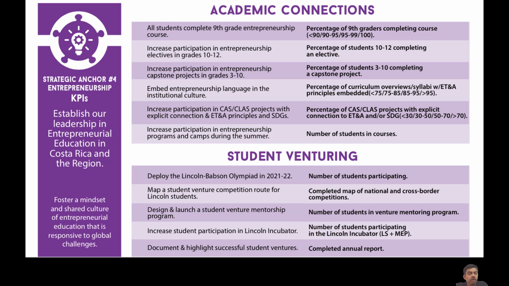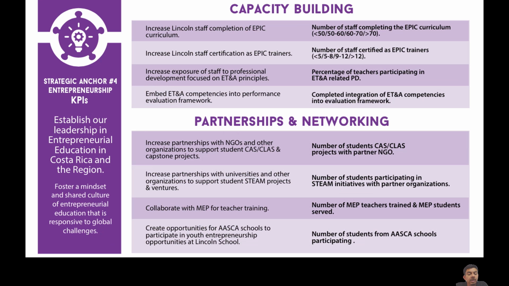And student venturing and deploying an Olympiad and launching different programs, increase the number of student participation in the Lincoln Incubator. Also, this is the first part of the KPIs, and for the second part, we are also talking about capacity building, so training more staff that knows what entrepreneurship means and how to be applied in classes, right?